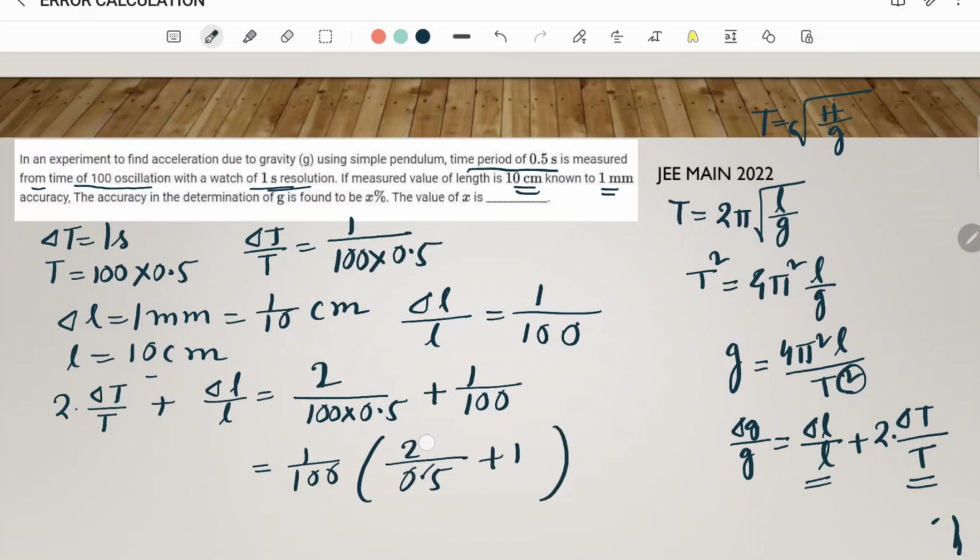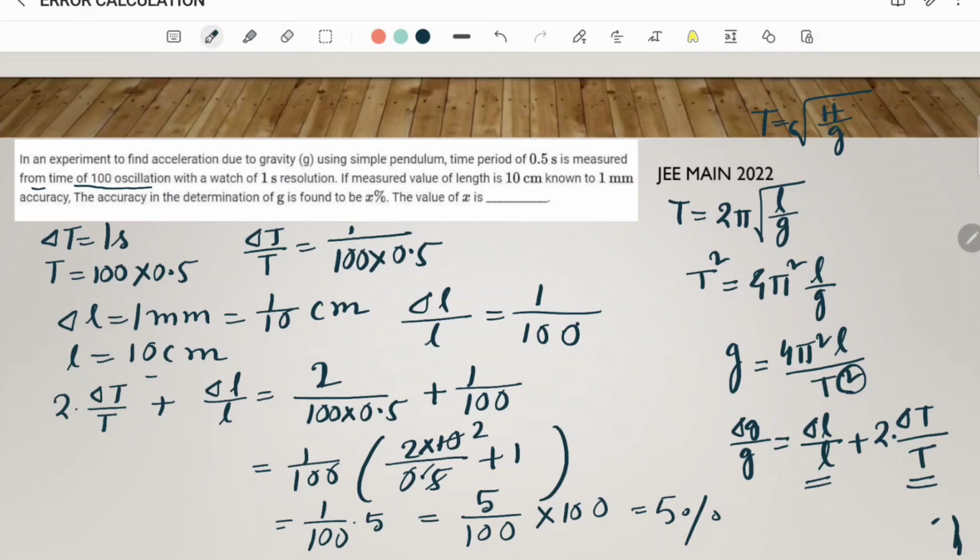This quantity is 4. So 1 over 100, 4 plus 1 is 5. So this becomes 5 over 100. If we are to get the percentage error, that means we have to multiply this with 100 and this becomes 5%. So our answer is 5%.